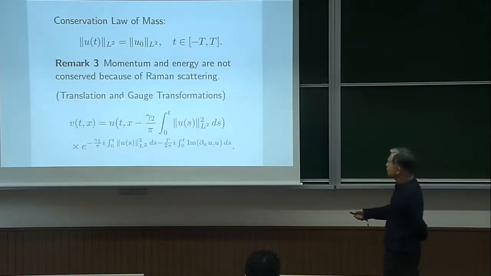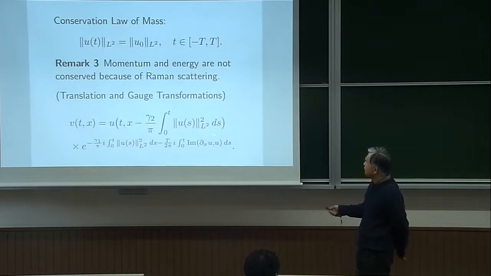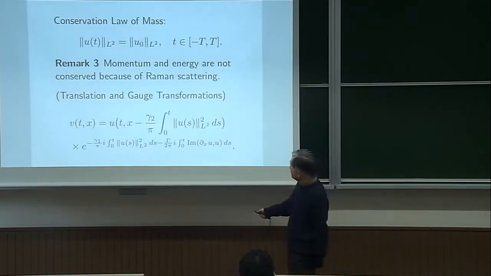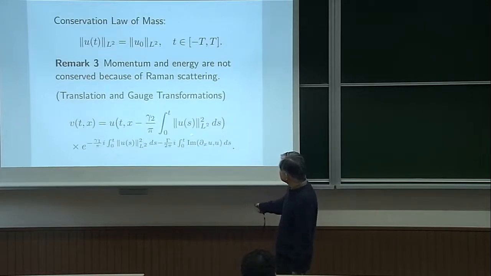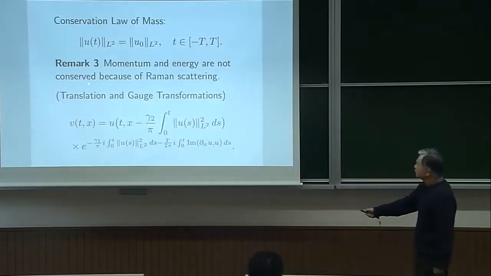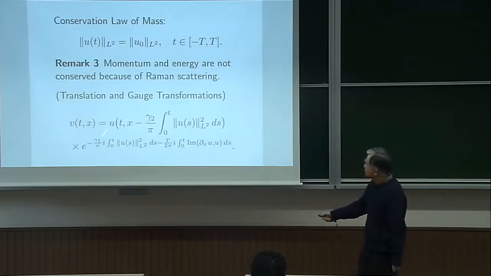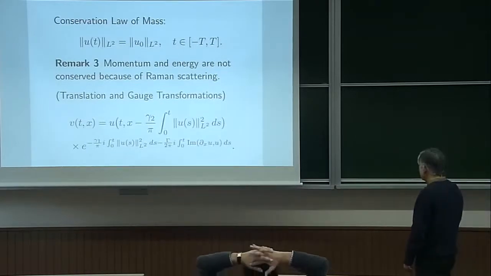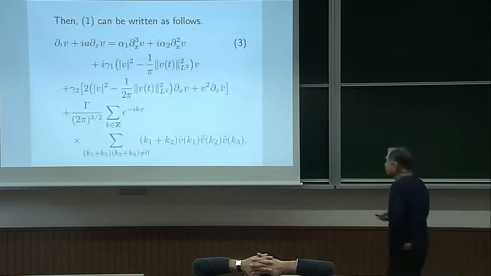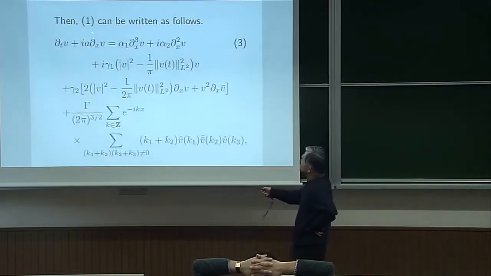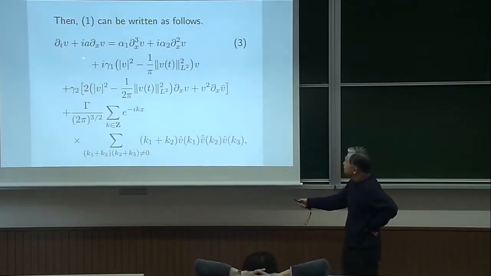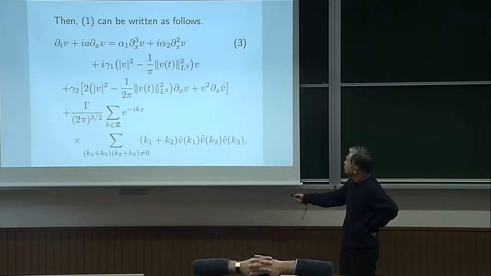So let me first apply the translation and the gauge transformation to equation 1. The new dynamical variable is denoted V. This part represents the translation, and this factor represents the gauge transformation. Now we work with V. Then the original equation 1 can be written as follows: dt plus iA times dx.